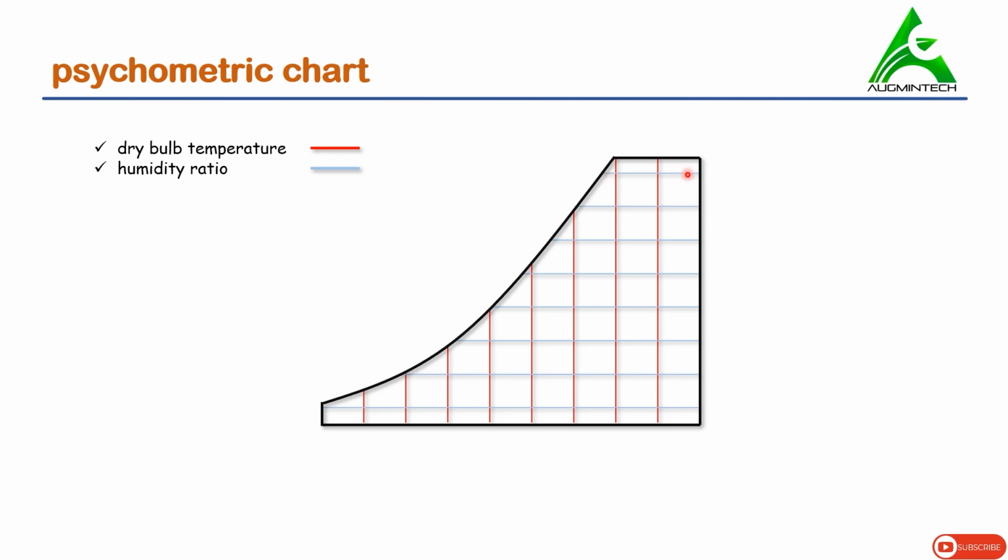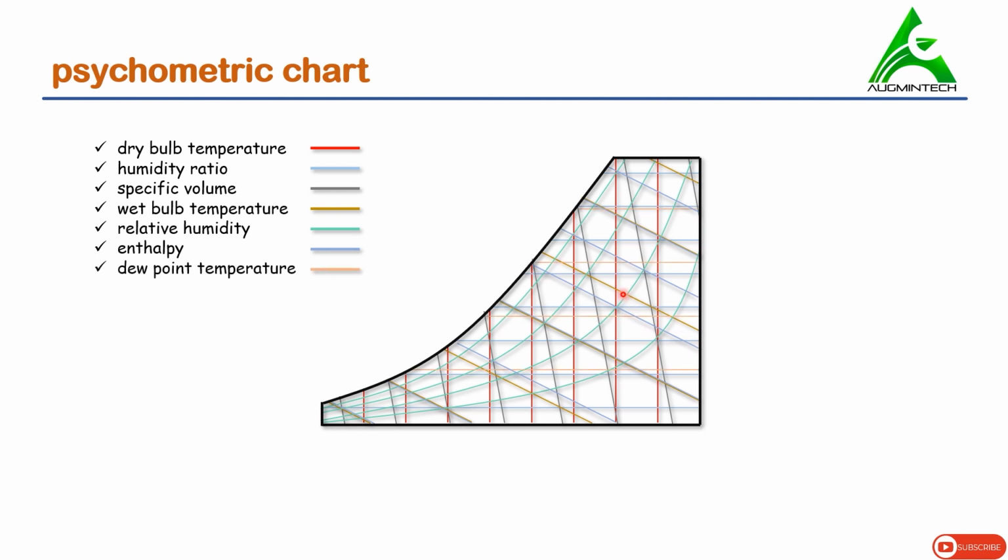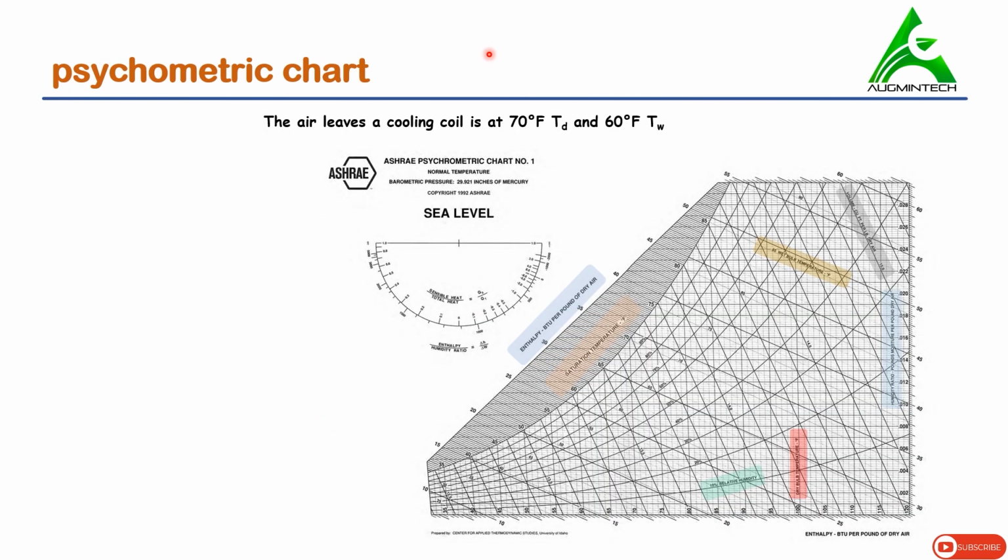Humidity ratio lines, specific volume, wet bulb temperature lines, relative humidity lines, enthalpy, and finally dew point temperature.